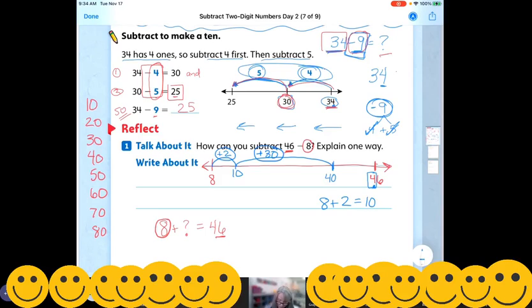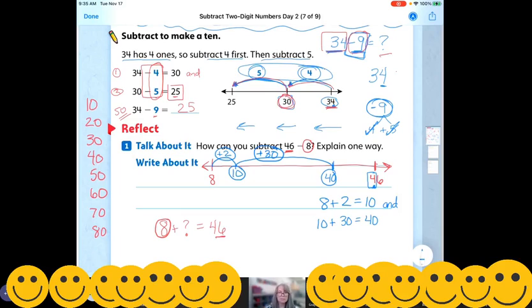So our first step was 8 plus 2 equals 10. And our next step will be, we started at 10, so we got 10 plus, Maya said we add 30 next, 30, and we ended up at 40.